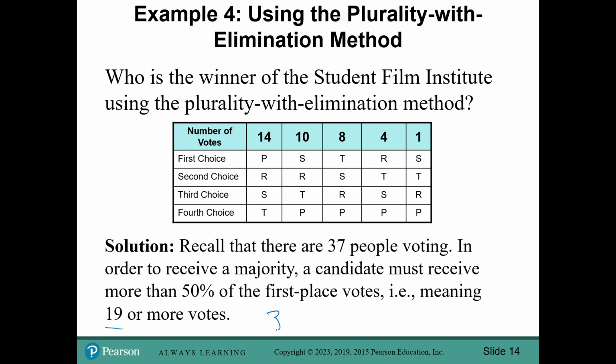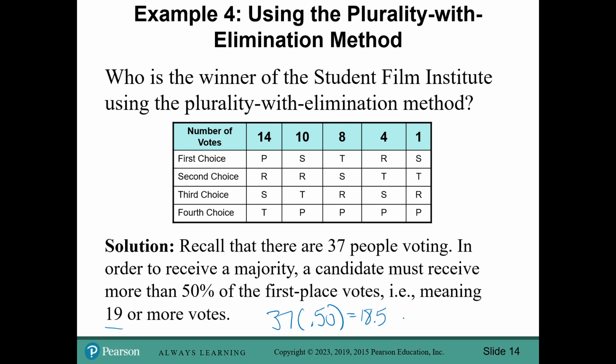Well, if there are 37 people voting, and you have to score over 50% of the votes, then essentially what we're looking at here is 37 times 0.50. That should give us 18.5. Obviously you can't get half a vote, so we need to round up.